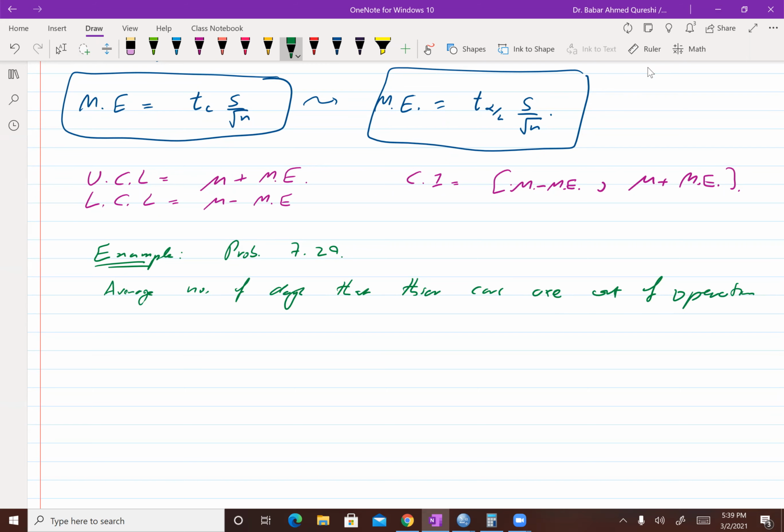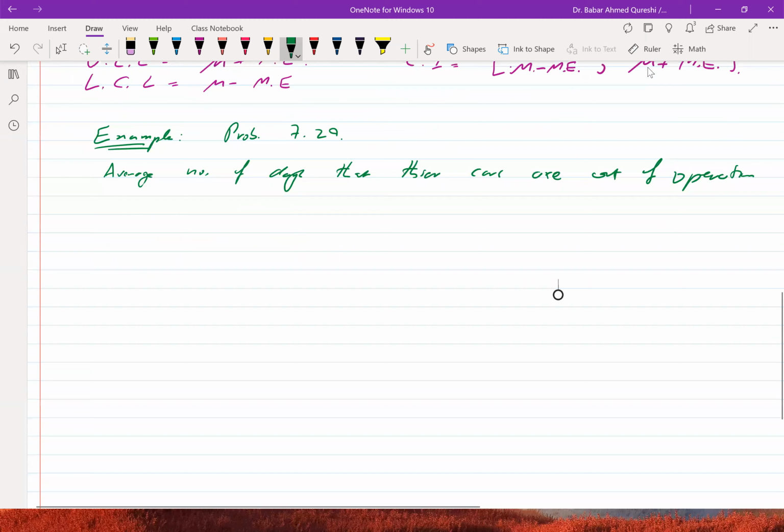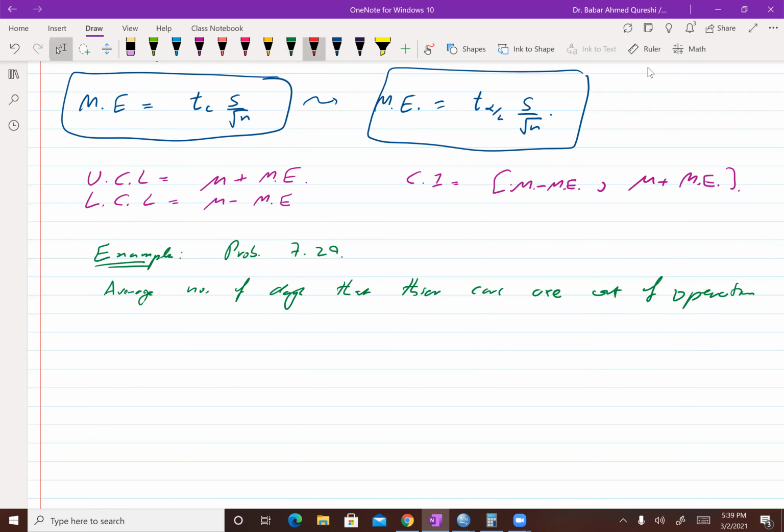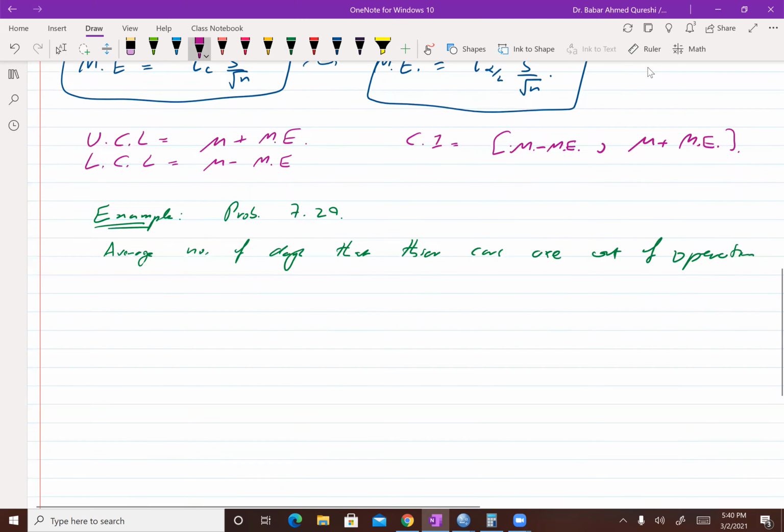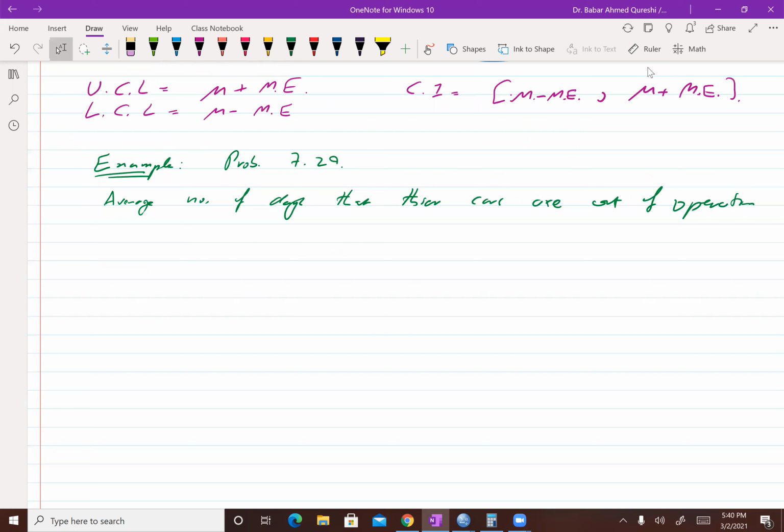Well, let's say for maintenance or something. So obviously it's an important thing for them to know. And the assumption is that this distribution is normal. What distribution? How many days cars are out for maintenance?